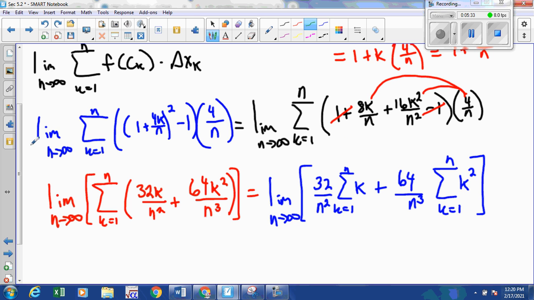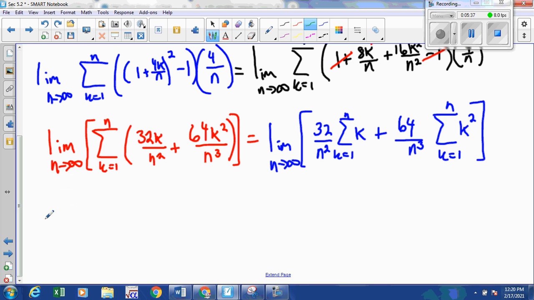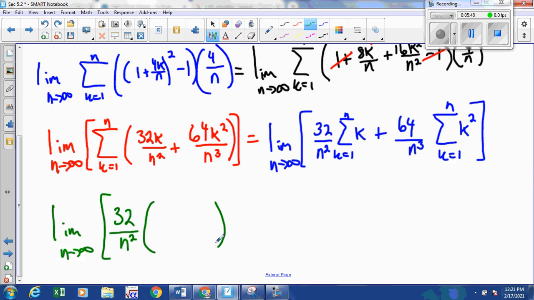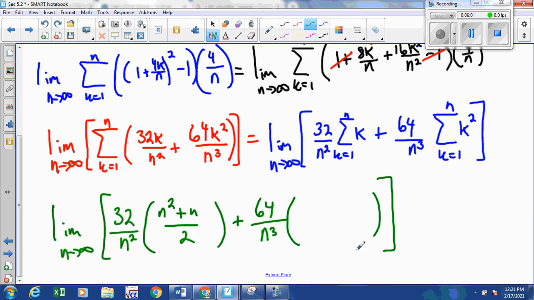Now we're ready for those formulas from our sigma notation. This gives me the limit as n goes to infinity of 32 over n squared times our formula for k, which is n squared plus n over 2, plus 64 over n cubed times our formula for k squared, which was 2n cubed plus 3n squared plus n all over 6.